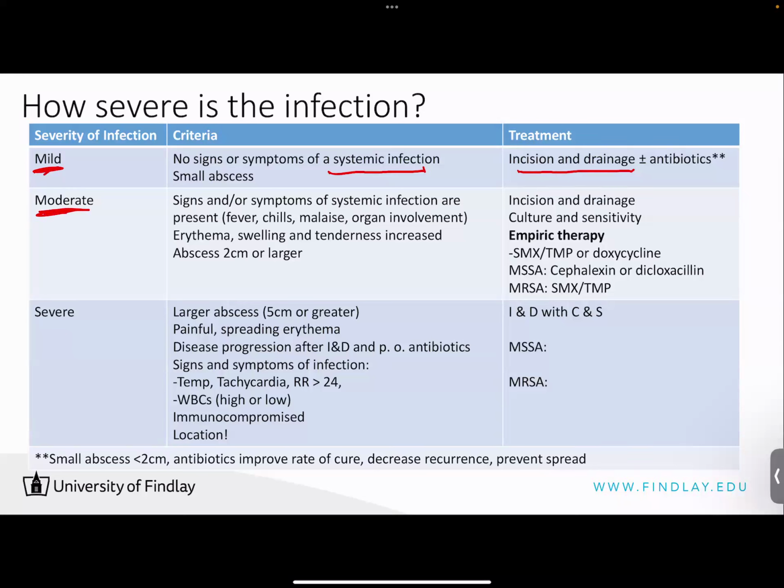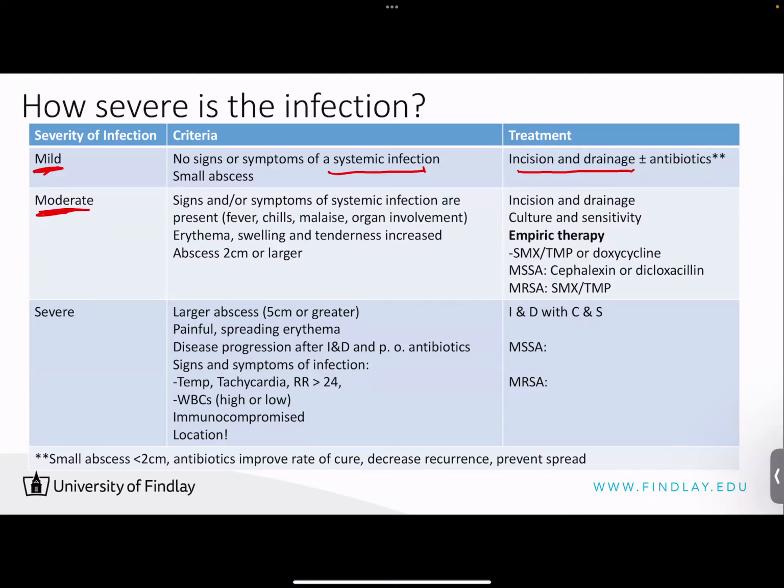Moderate, this is where you start to see Sears criteria come up. If you have one Sears criterion, that could be considered a mild infection, especially in the right patient. You really have to use your clinical judgment in determining whether you're going to admit somebody and give them some IV antibiotics up front and then send them out the next day, or whether you're going to just give them oral antibiotics right away and send them out.